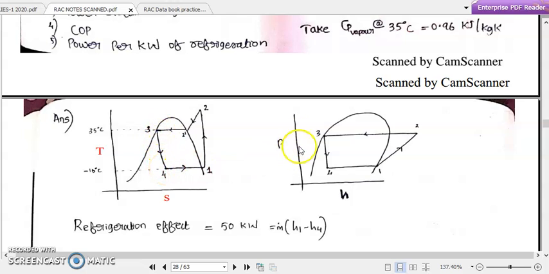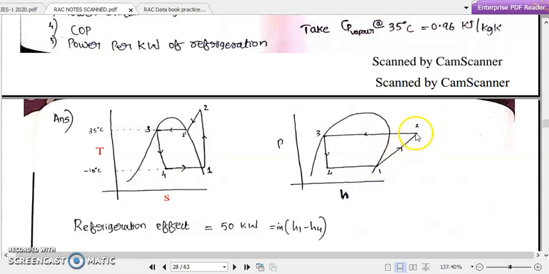In the same way we can draw the cycle in the pH diagram, pressure enthalpy diagram. First of all, we can draw the vapor dome. Then we can represent the refrigeration step, which is the constant pressure heat absorption step, the 4 to 1 process. Then followed by 1 to 2, our constant entropy compression process.